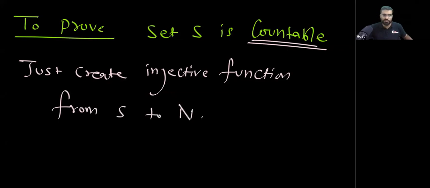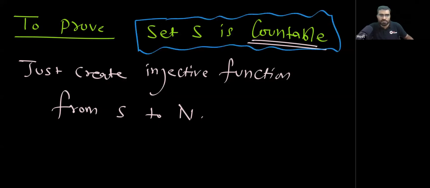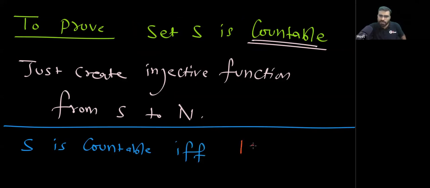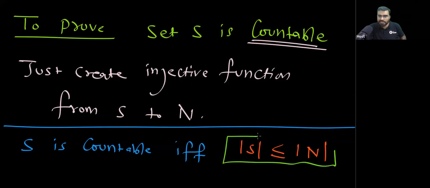Because you know S is countable if and only if the cardinality of S is less than or equal to the cardinality of N, and you already know this means there exists an injective function from S to N. So this is the complete idea.